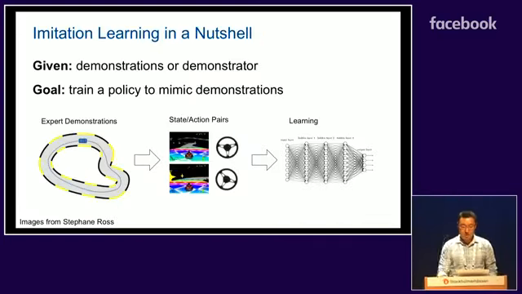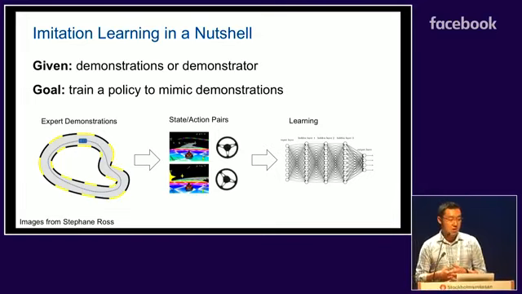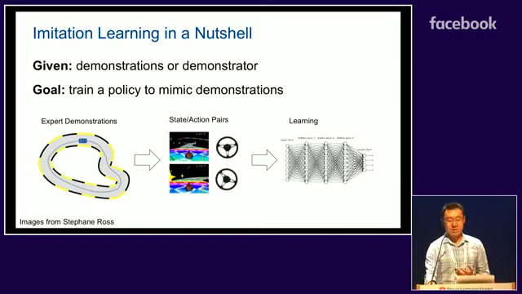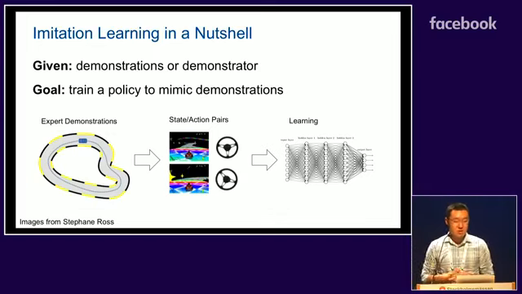Okay. So, imitation learning in a nutshell. The basic idea is you're given a training set of demonstrations or Oracle access to a demonstrator. And from that training data, our goal is to train a policy to mimic the demonstrations. In the example here, we see learning to imitate a human in this race car game.